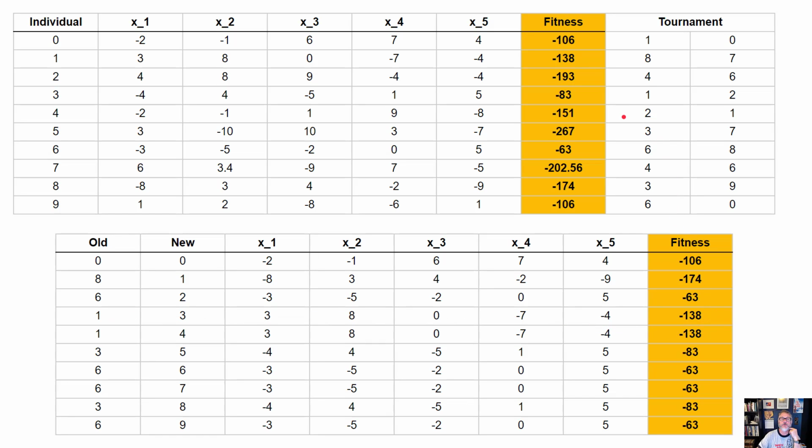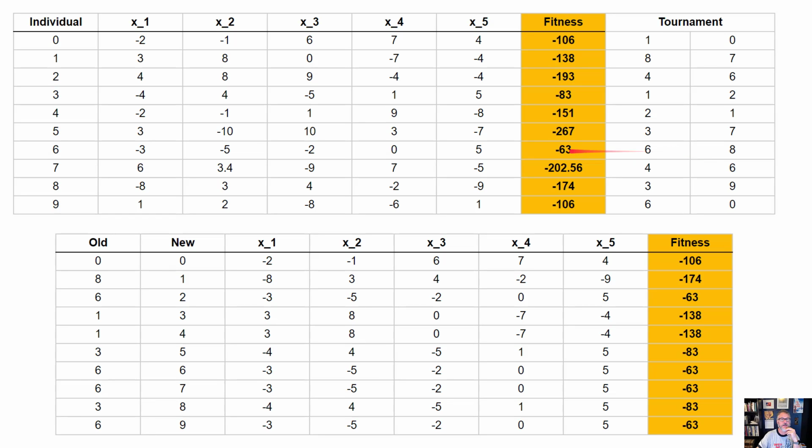Now here we go, number 4. To fill this slot, notice that we're actually performing the same tournament, we just selected the same two individuals, so we should have the same winner, number 1. And now he's got 2 copies in the next generation. 3 and 7: 3 has a fitness of negative 83, 7 negative 202.56, so 3 gets copied over.